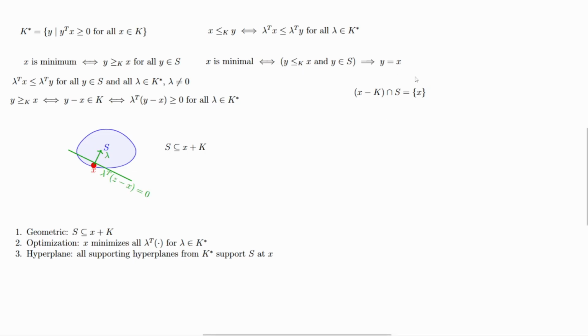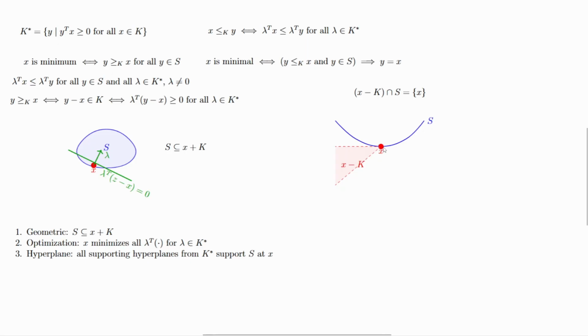So this is the same idea, just geometrically, what's happening with minimal elements. All right, y is less than or equal to x with respect to K, so comparable, so it must be to the left and below, and y is in S only if y is equal to x.